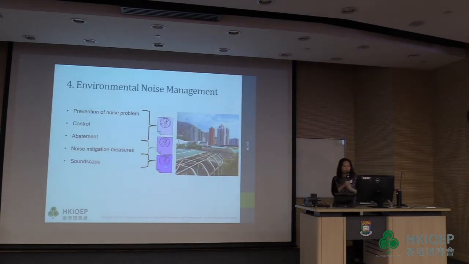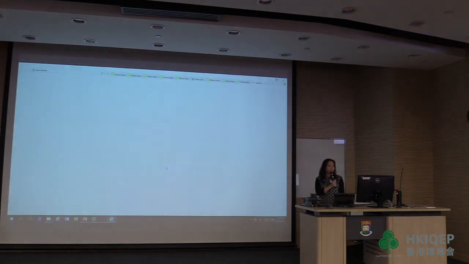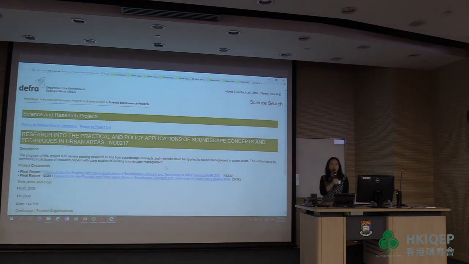Okay. And also we include soundscape in the environmental noise management. As I mentioned before, besides the conventional approach, soundscape is in fact another approach. We treat sound as a resource instead of just noise. So it serves to enhance good sound quality.